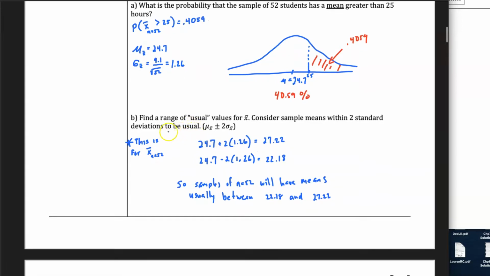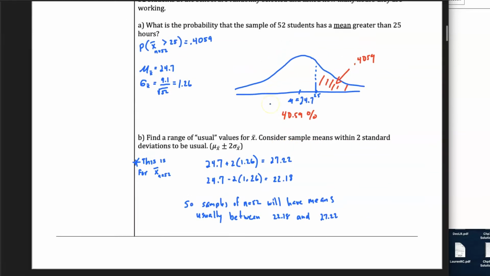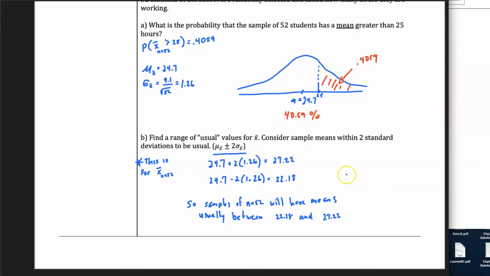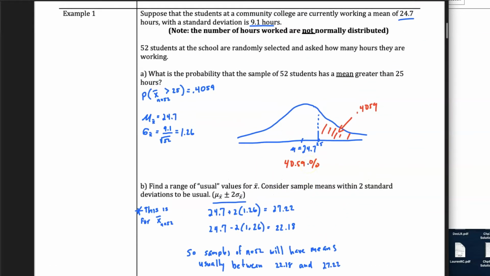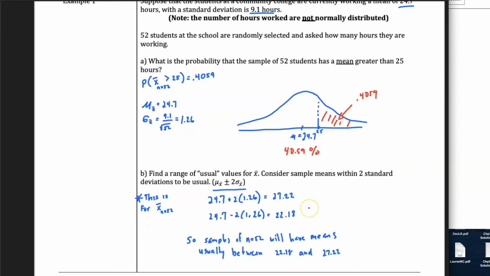And then you can see here, if we were going to find a usual range of values under these conditions, what would they be? Remember, it's the mean plus or minus 2 standard deviations, but we're using the adjusted standard deviation because we're talking about a sampling distribution. So you would see the usual range of values a student would work is somewhere between 22 to 27 hours.